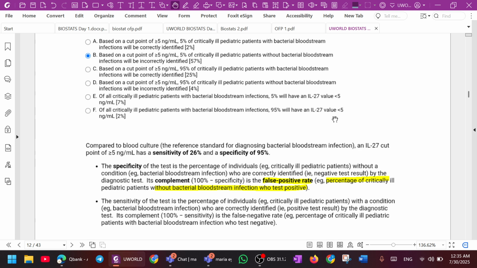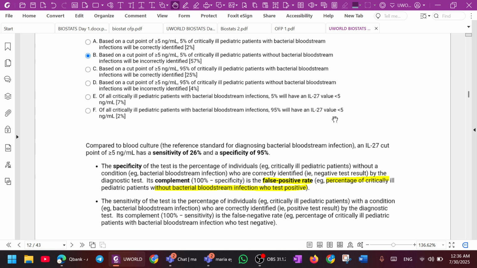People with the disease that have a negative result, so it is false positive, and they are telling you false positive here is 5%. Wait, what is the answer? I'm not saying it right. People with the disease that have a negative value.